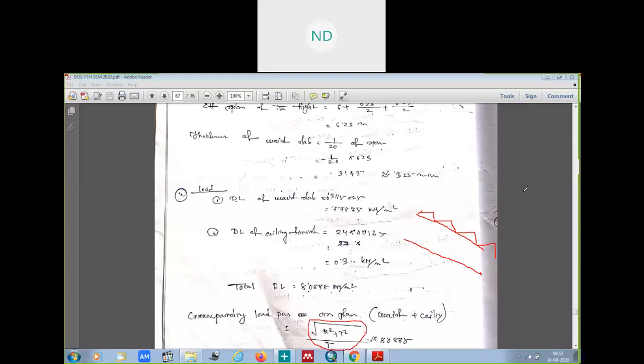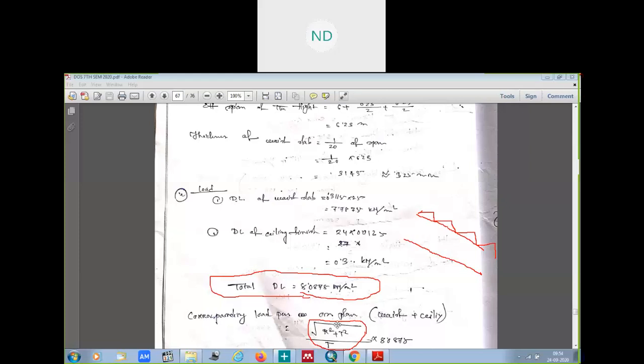So the corresponding load from the waist slab plus ceiling finish is given by root over r square plus t square by t, and we get the total load per unit horizontal area by multiplying it with this total dead load, where r is nothing but the riser and t is the tread.